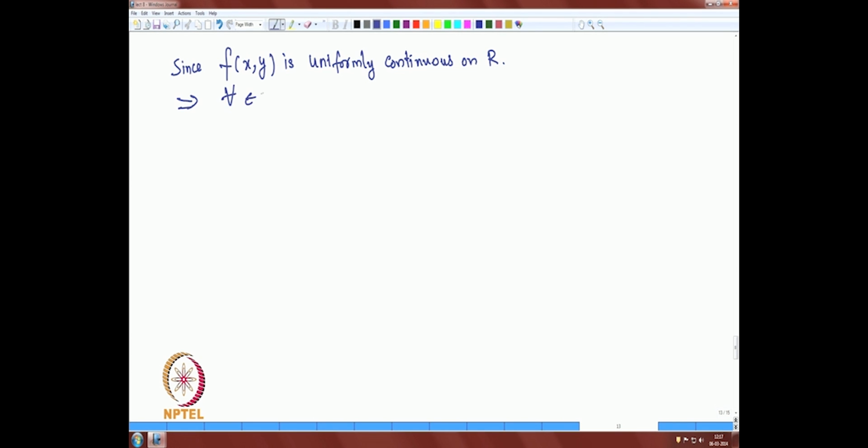for every epsilon, we start with an epsilon greater than 0, there exists a delta.